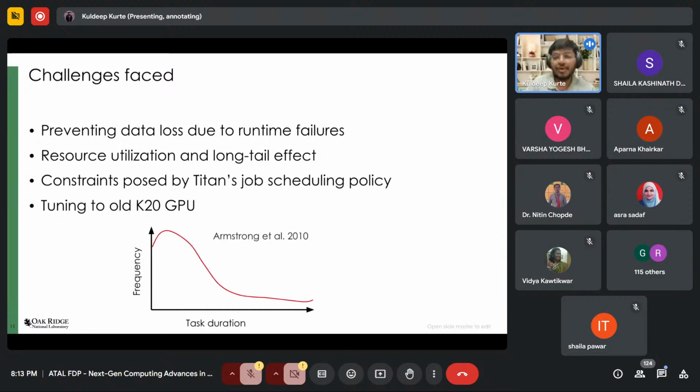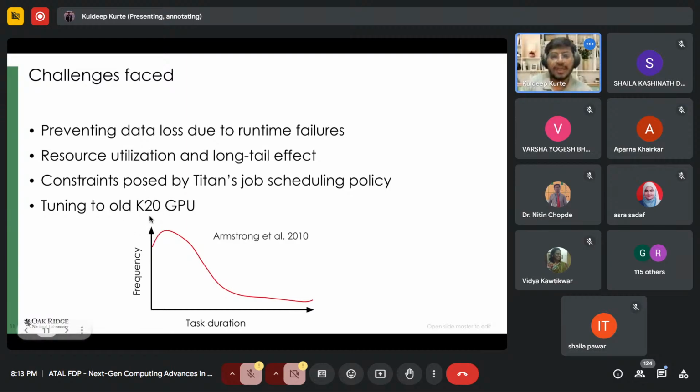Most of these large shared supercomputing systems have a scheduling policy in place. And then there is tuning to the resources that you have. The work that we did was in the 2019, 2020 time frame, and the GPUs were developed in 2010, 2011.